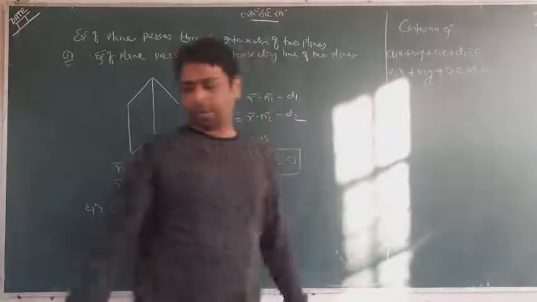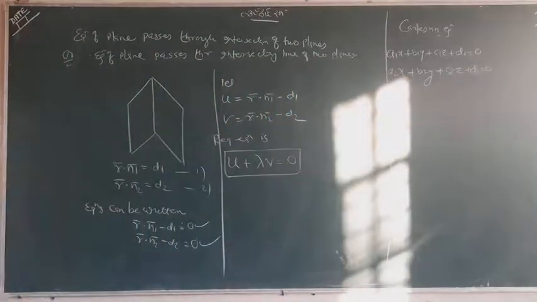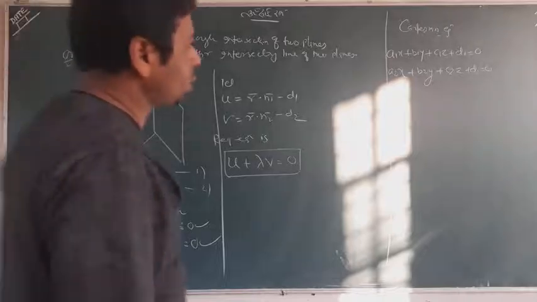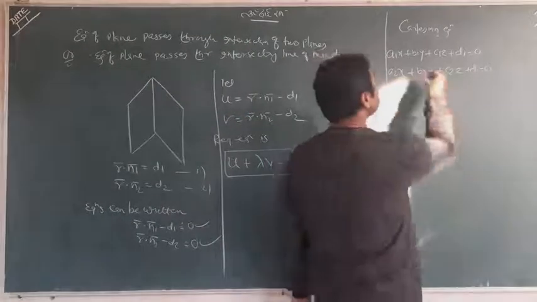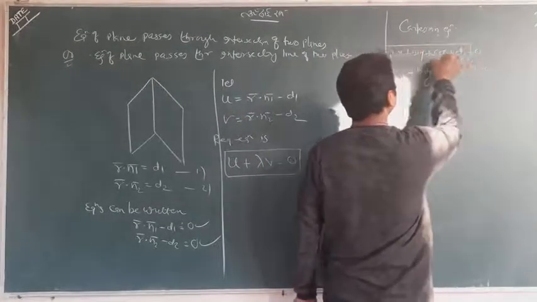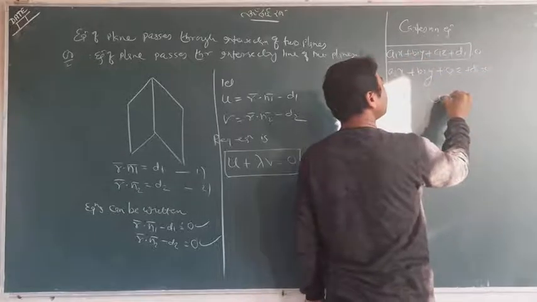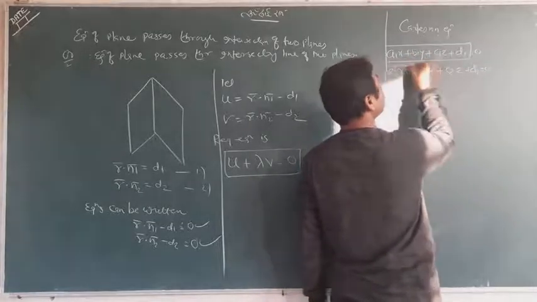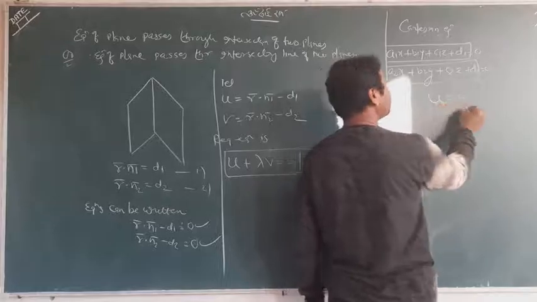Hope you can understand. These two are the planes. a1x plus b1y plus c1z plus d1 will be called u, and a2x plus b2y plus c2z plus d2 will be called v, as I did here.